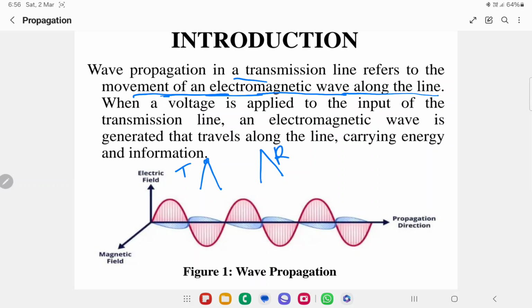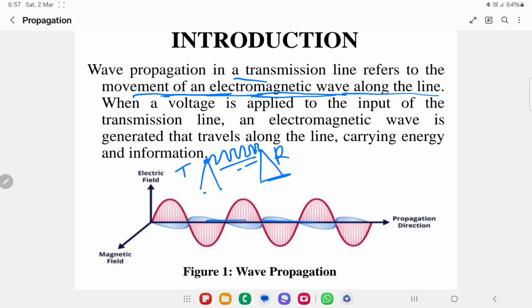From the transmitting antenna, the signal will be transmitted, and through the medium it will propagate, and finally it will be received by the receiver. When your signal is traveling, this signal is nothing but an electromagnetic wave. How the signal is moving along this line is called propagation.